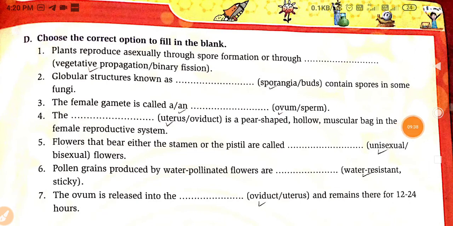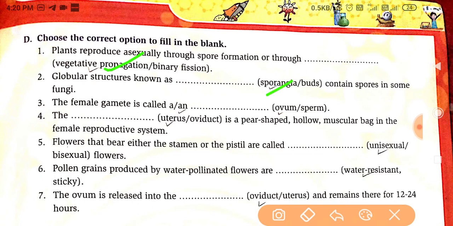Fill in the blanks questions. Plants reproduce asexually through spore formation or through vegetative propagation. Globular structures known as sporangia contain spores in some fungi. The female gamete is called an ovum. The uterus is a pear-shaped hollow muscular female reproductive organ.